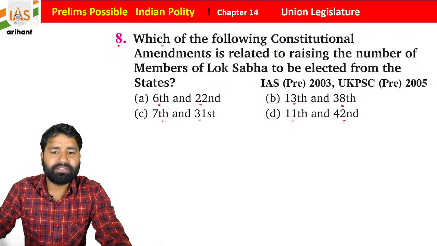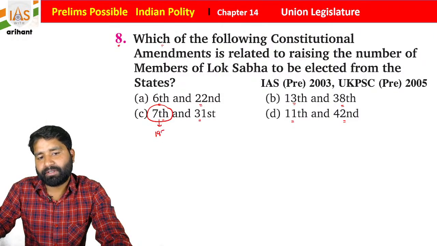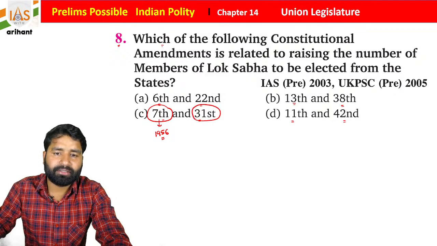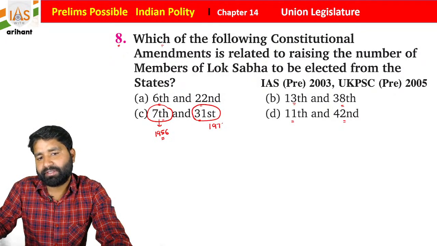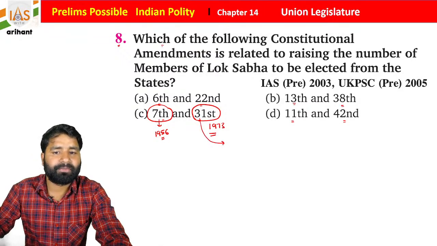What you find, students, is that the 7th Constitutional Amendment Act was done in 1956, and the 31st Constitutional Amendment Act was done in 1973. We already discussed the 31st. From these, the number of seats was increased from 525 to 545.